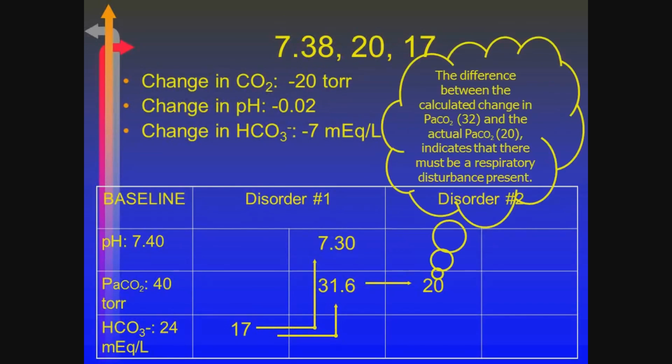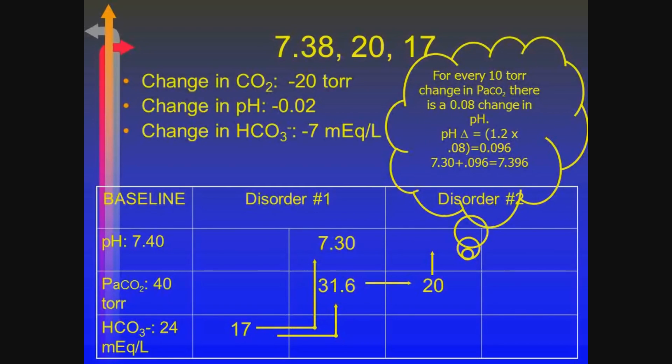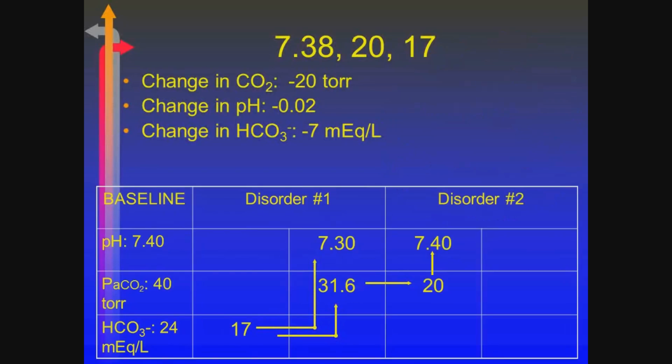There's a 11.6 change. For every 10 torr change, there's a 0.08 change in pH. In that case, we would have 1.2 times 0.08, or 0.096. Add that to my pH, I have 7.4, within the margin of error.